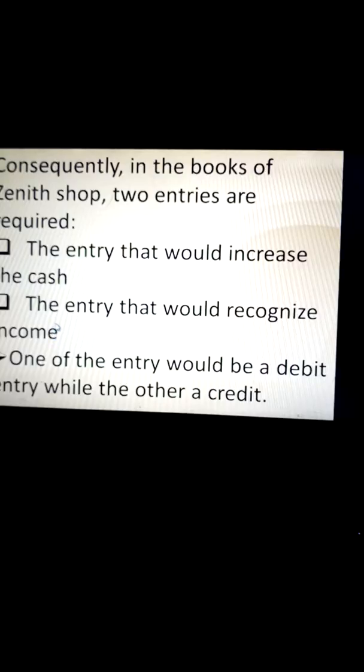So you could see, therefore, that we are going to be looking at two accounts. The first account will be the cash account, so that it will show how the cash increased, and the second will be the revenue account to show how the revenue also increased. One of the entries will be a debit one, while the other will be credit.